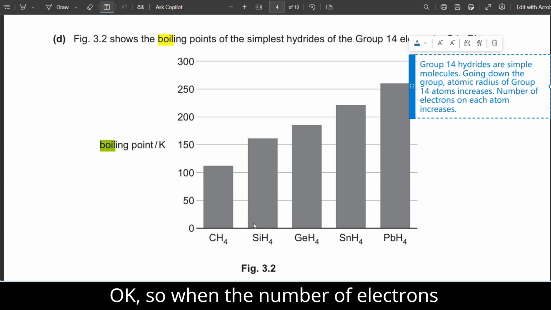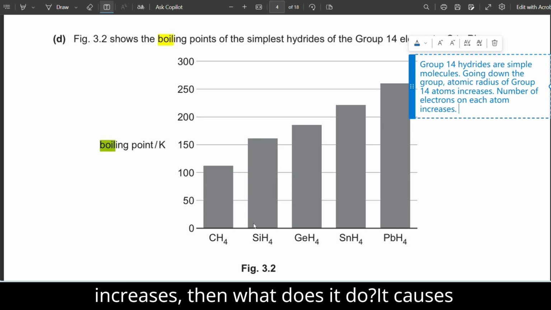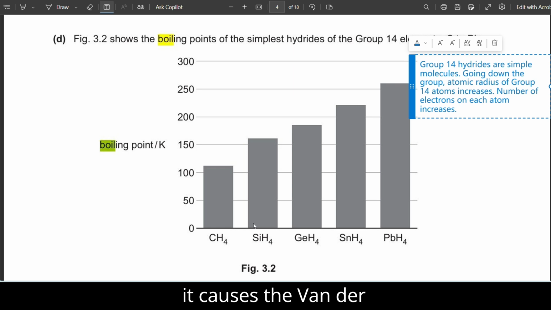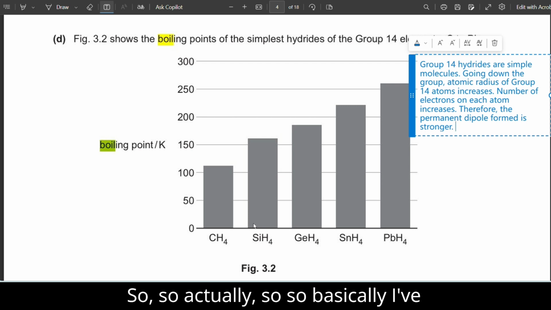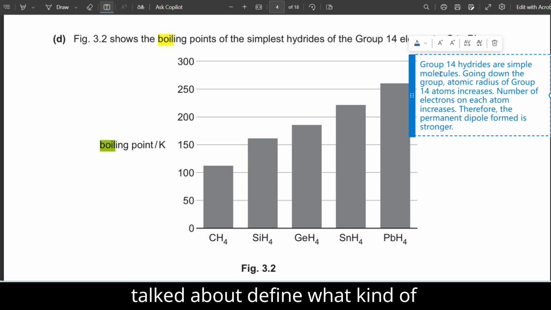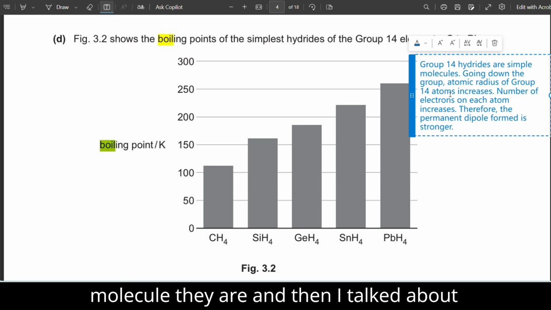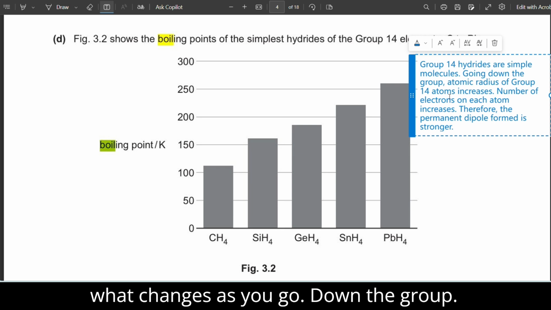Okay, so when the number of electrons increases, then what does it do? It causes the van der Waals forces to be stronger. So basically I've talked about defining what type of molecule they are, and then I talked about what changes as you go down the group.